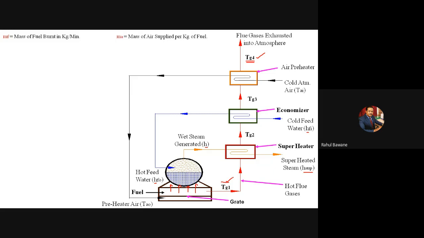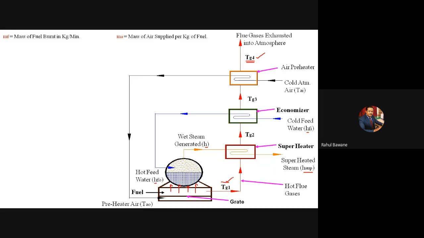The second notation, MA, is the mass of air supplied per kg of fuel. Remember, in a boiler especially, the mass of fuel is more important, and the mass of air is the requirement for that fuel to get burned.